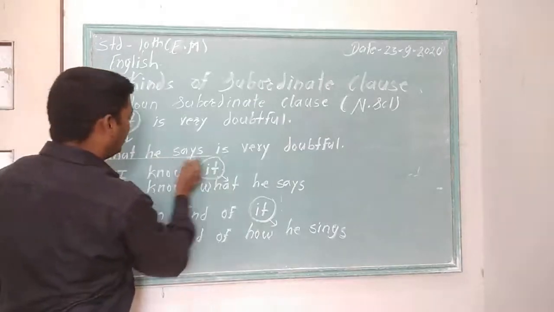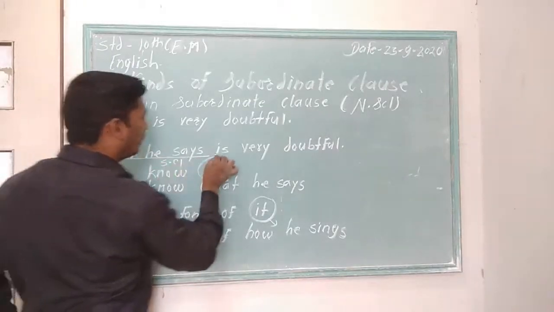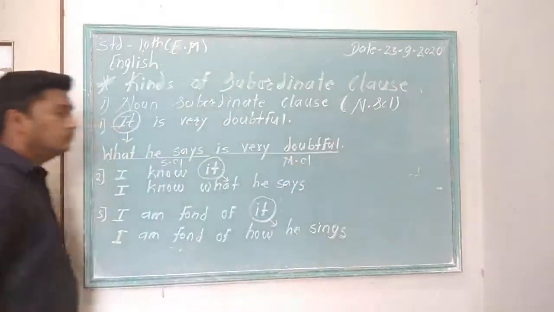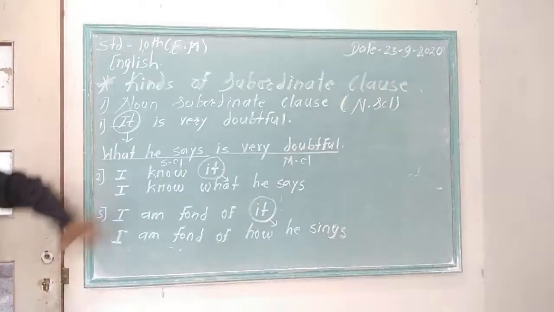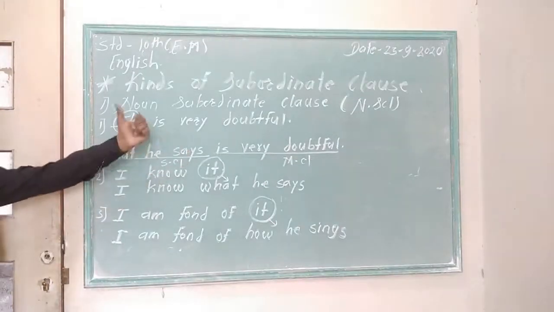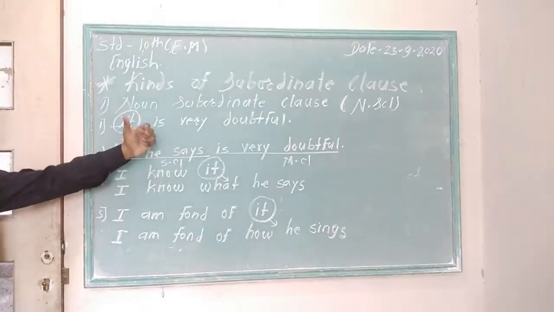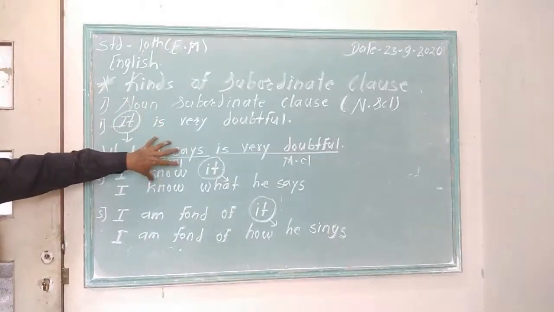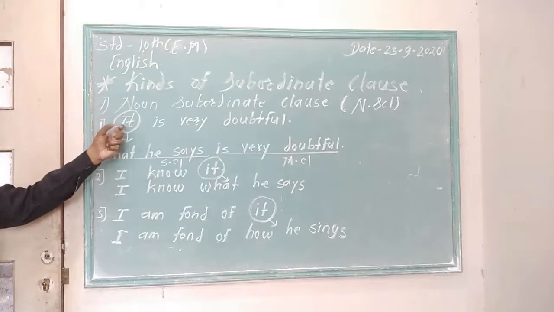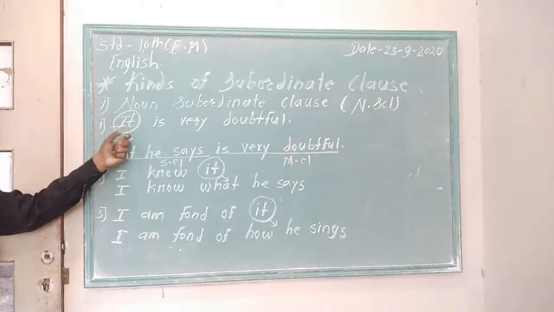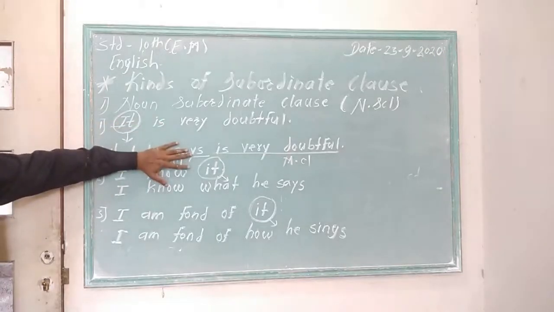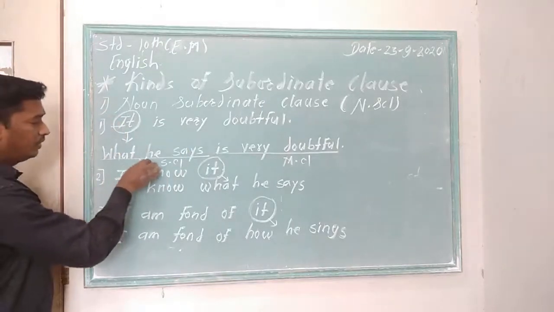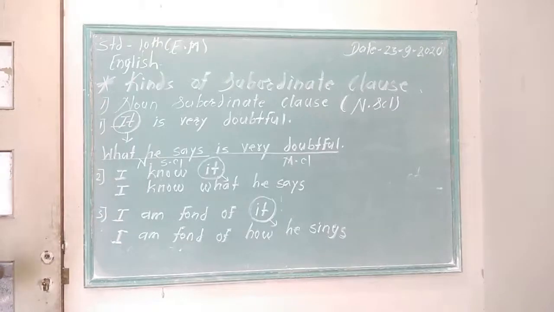What he says, it is the subordinate clause. It's very doubtful, it's the main clause. Now this subordinate clause is at the place of a noun. I have replaced this it with this subordinate clause. It means this is a pronoun, pronoun means noun, and this subordinate clause is at the place of a noun, so it is a noun subordinate clause.